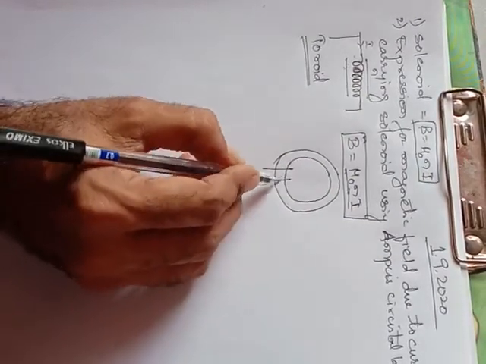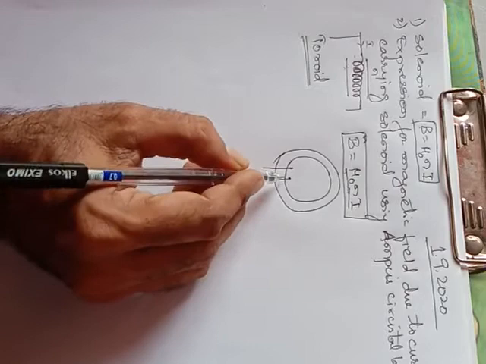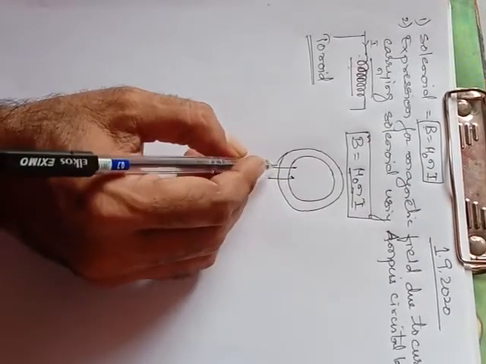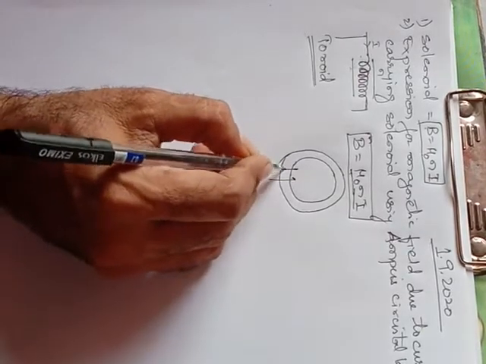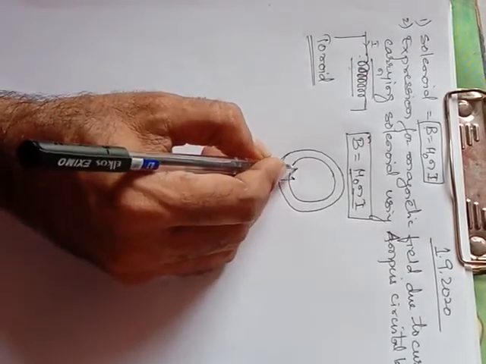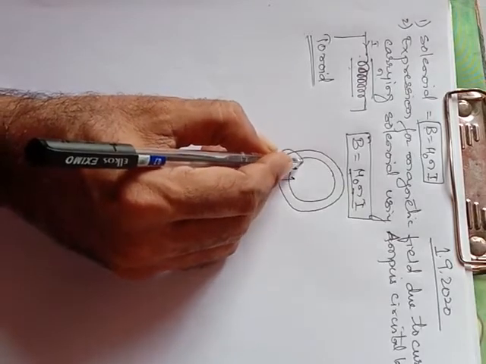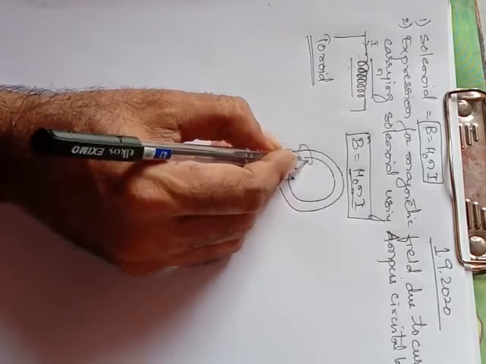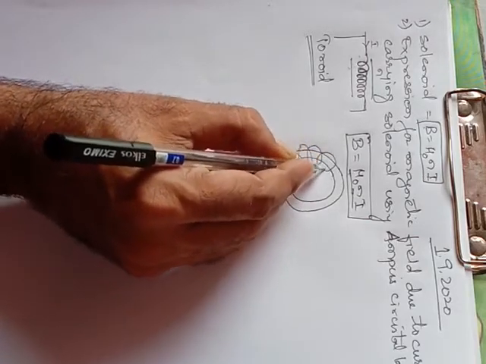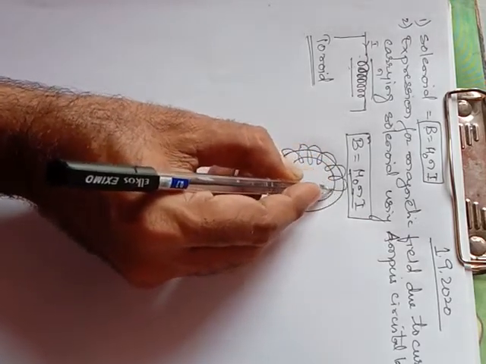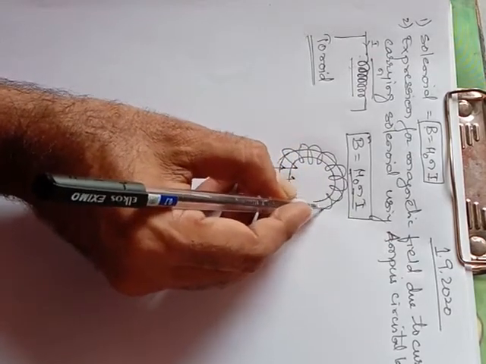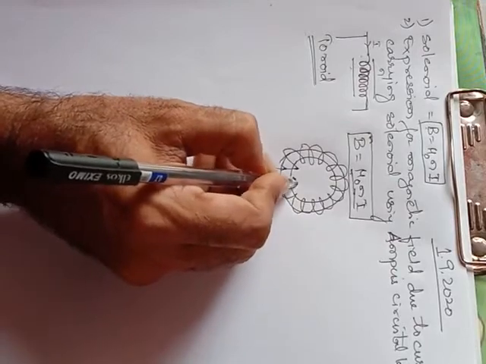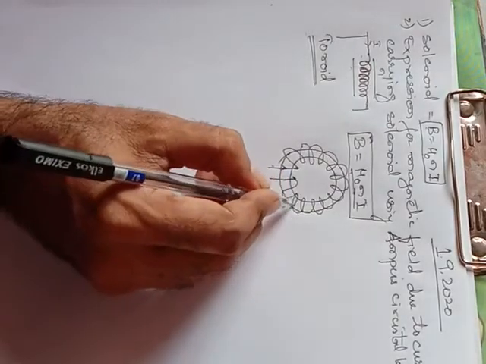If we consider a wire going inside this, and this wire is allowed to move in the form of a circular ring in this way.